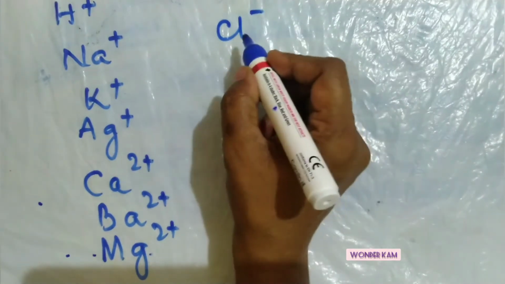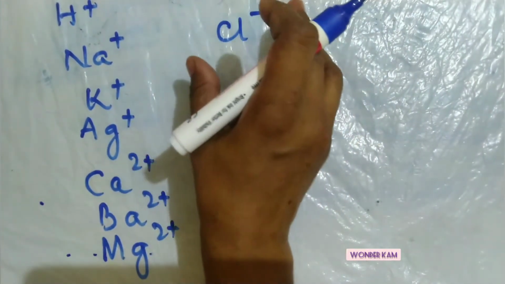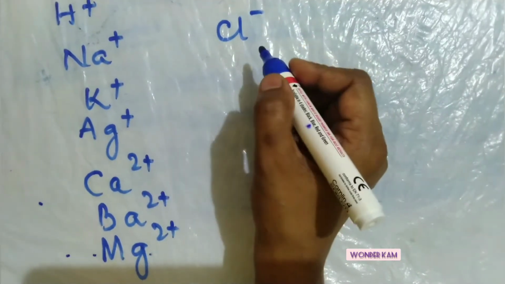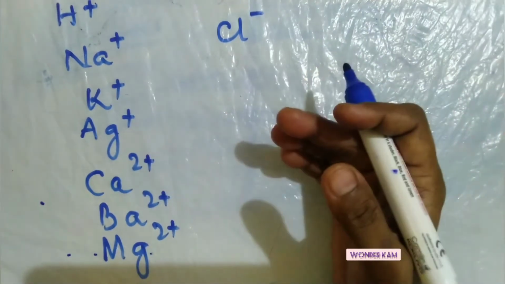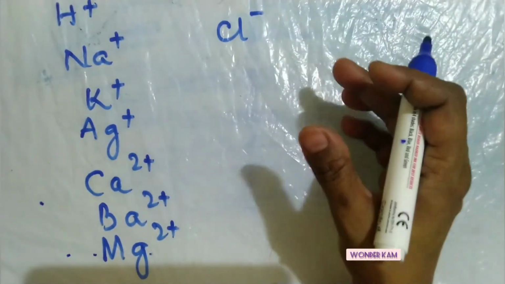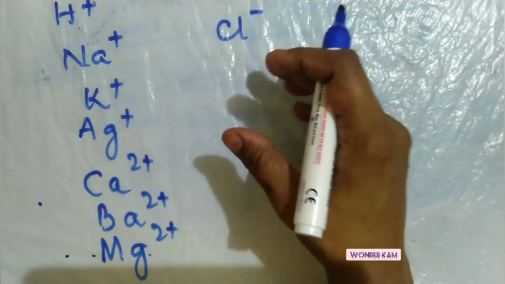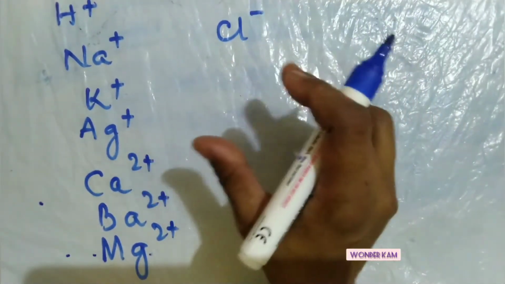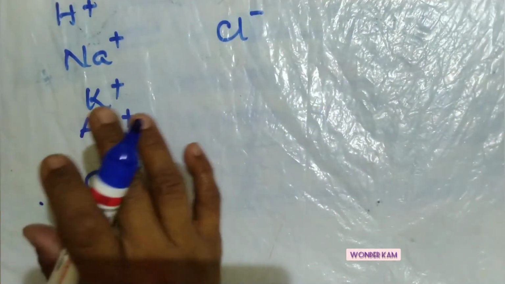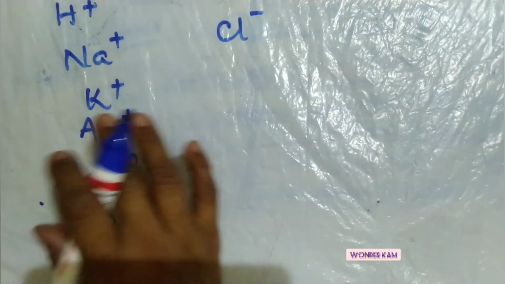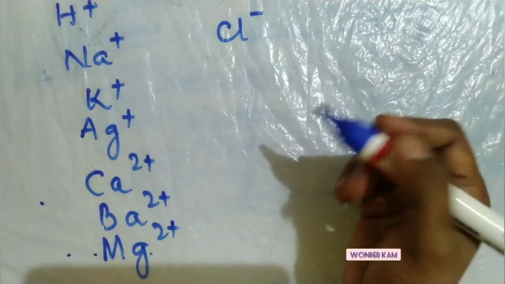Chloride. Chlorine, when in the ionic form with one negative charge, we call it chloride. This is the chloride ion. While naming a compound where chlorine is present, suppose sodium combines with chlorine, the name would be sodium chloride. The name of sodium stays as it is, but chlorine becomes chloride; similarly iodide, oxide, sulfide.